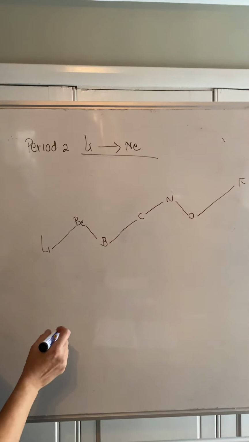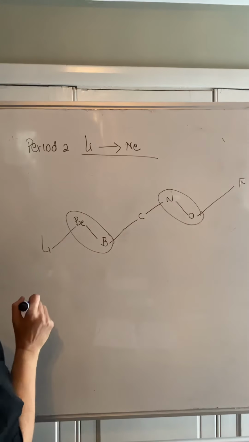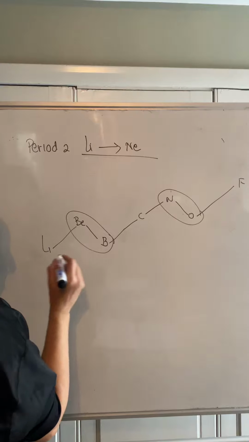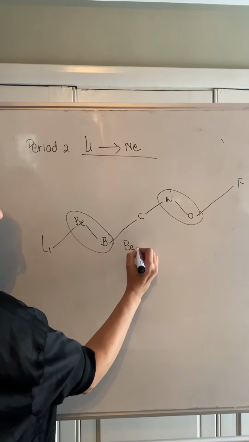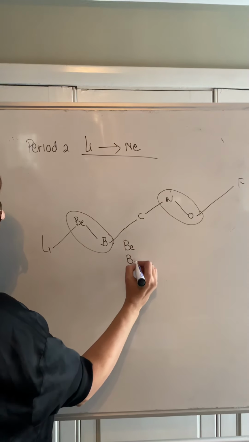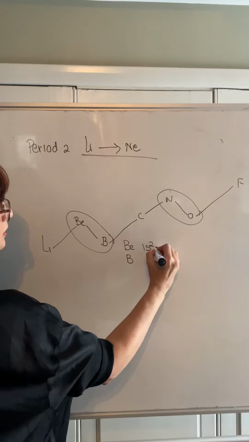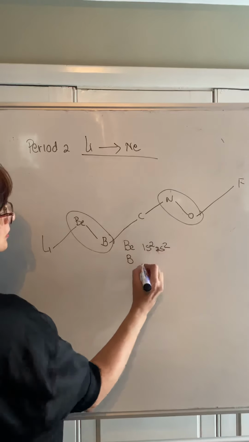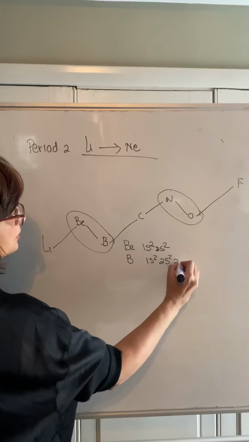Okay, so what's happening here? There are two irregularities going on here, between beryllium and boron, and between nitrogen and oxygen. The reason for that: beryllium has 4 electrons, boron has 5. So the electron configuration for beryllium is 1s2, 2s2, and boron is 1s2, 2s2, 2p1.